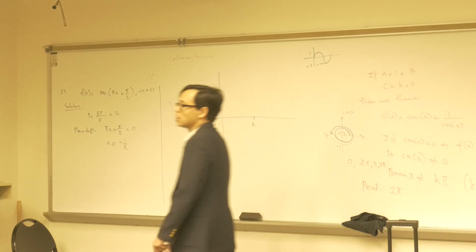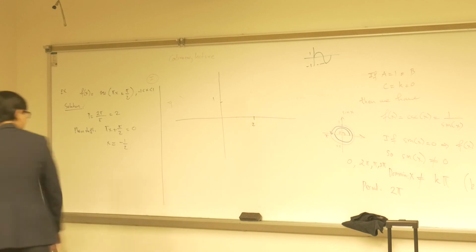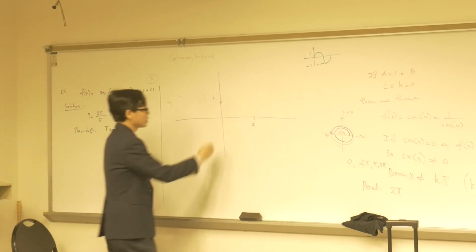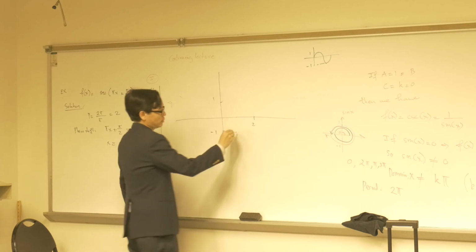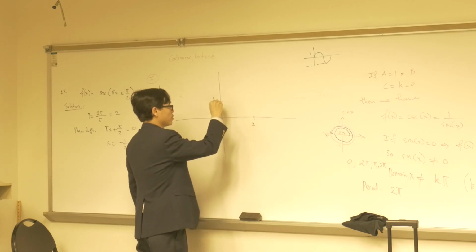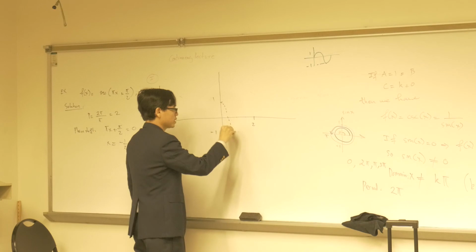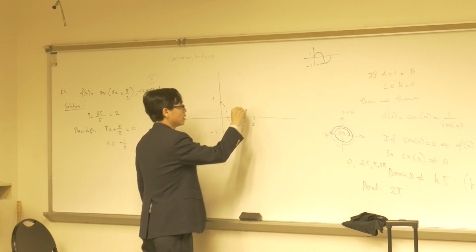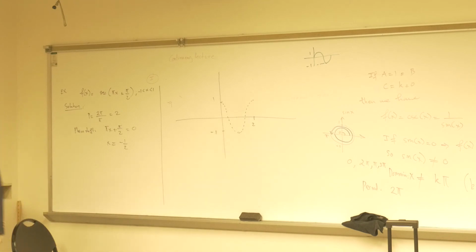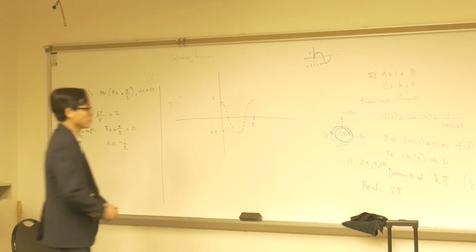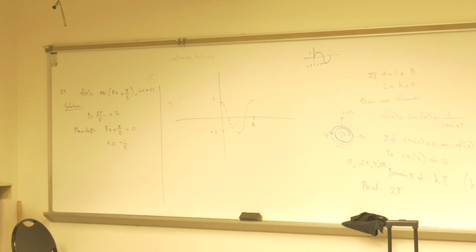So secant is 1 over cosine. So let's start with the cosine function first. Always start with the basic one. Cosine function looks like this. I know that for a cosine function, the vertical asymptote of the secant is at half.